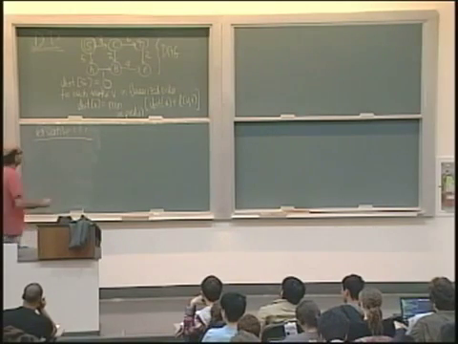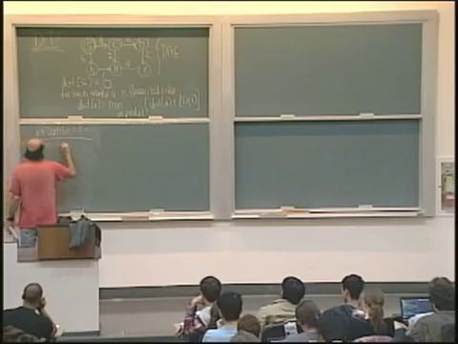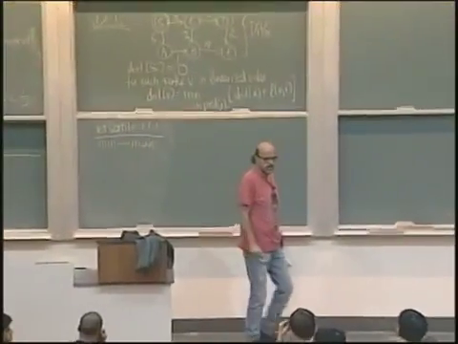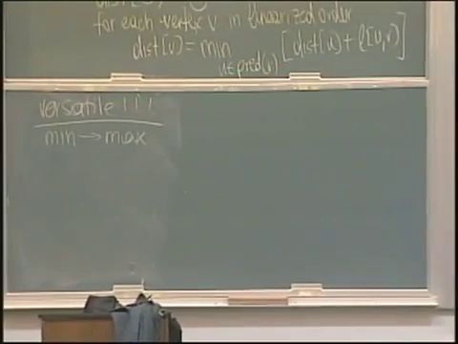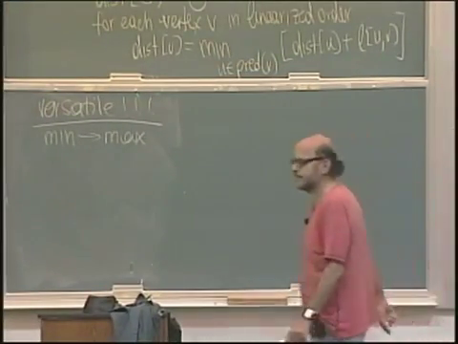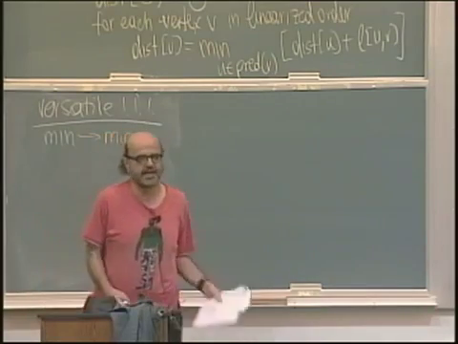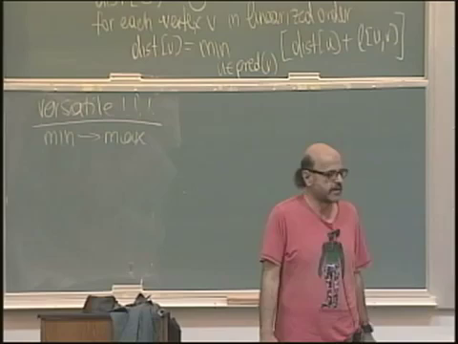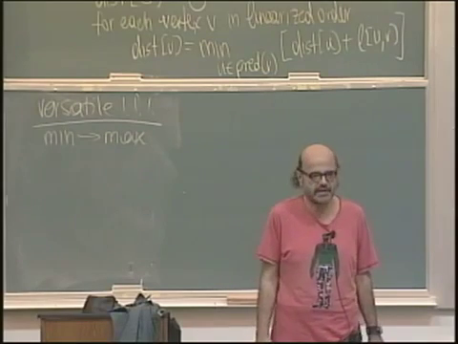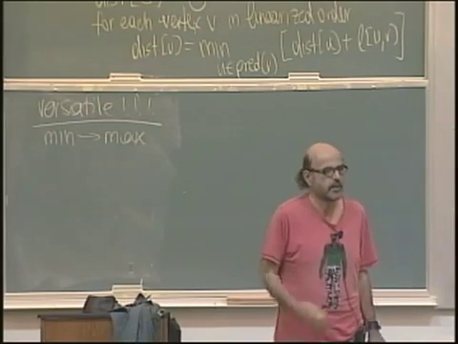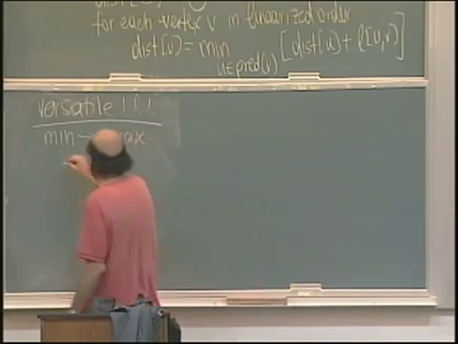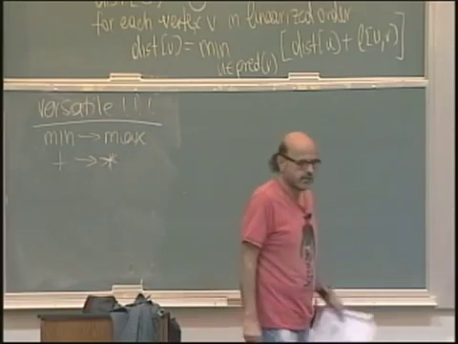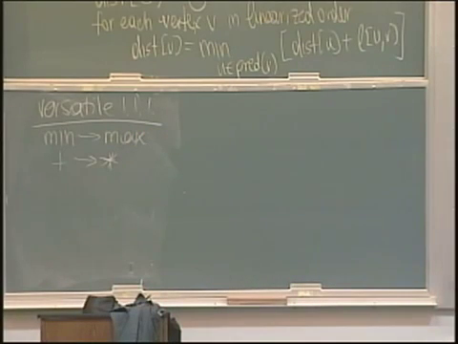No problem. I just make min become max. Same thing. Suppose I don't want to find the path that has the smallest or largest sum of lengths. I want to find the smallest or largest product of lengths. No problem. Plus becomes times. Does that make sense?